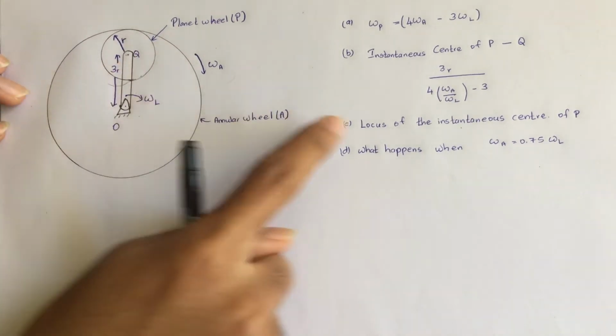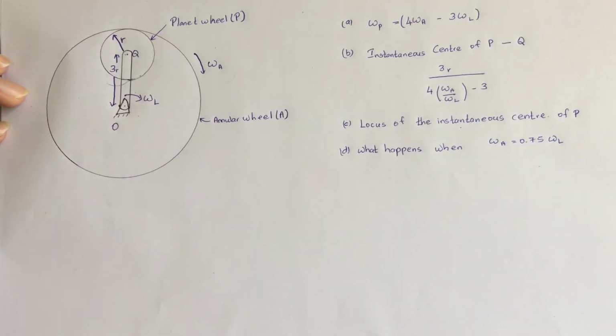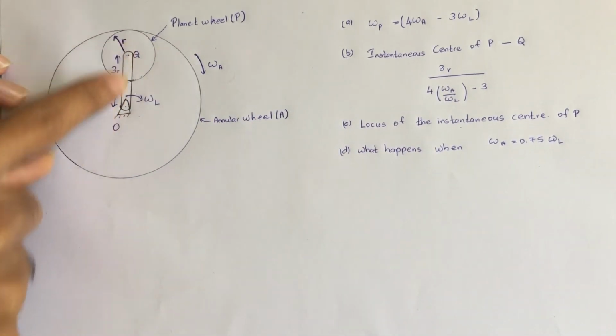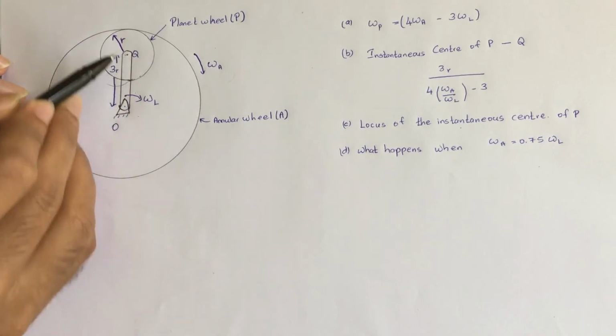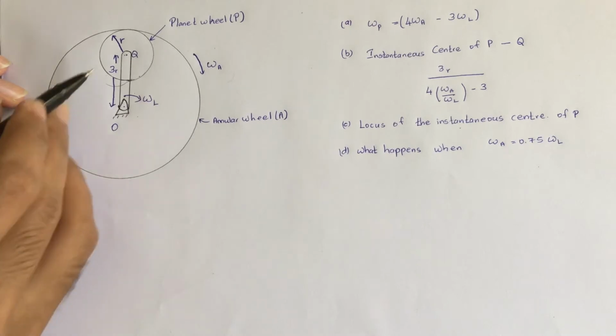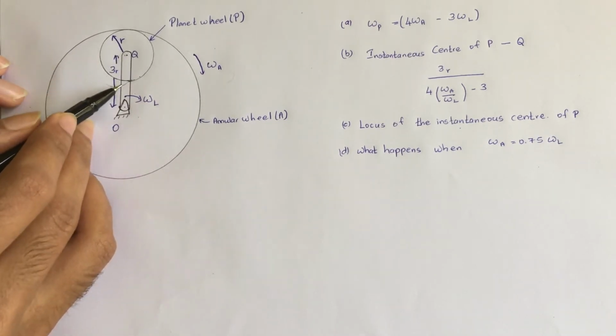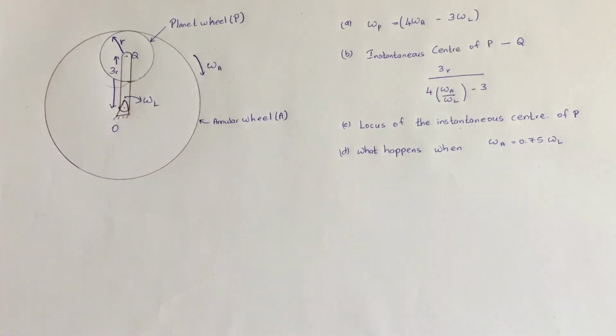After that we can find the instantaneous center of P's rotation. They mention the OQ axis, so we need to find where that instantaneous center is from this Q, that is, the distance between the instantaneous center and Q. We need to find that also.